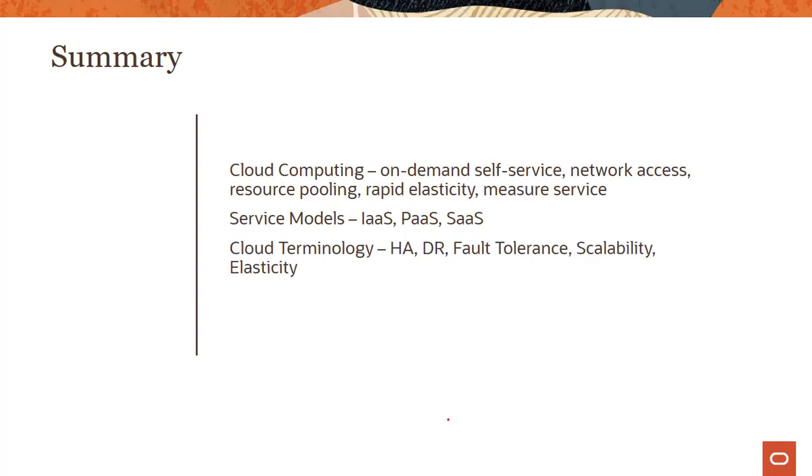We looked at some of the core cloud terminologies: high availability, disaster recovery, fault tolerance, scalability, and elasticity. And of course there are more terms, but these are some of the common ones you really need to understand. And then finally, we really quickly touched on cloud economics, what CAPEX is versus OPEX, and why the cloud model is so attractive from a business perspective, because it lets you trade CAPEX for OPEX.